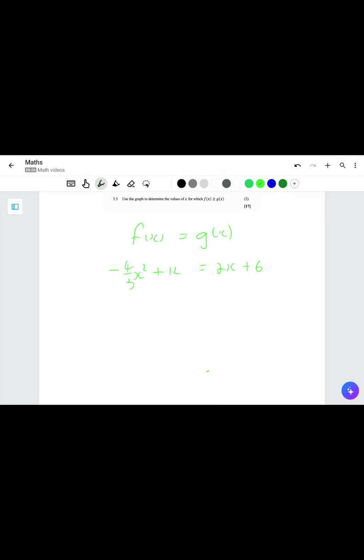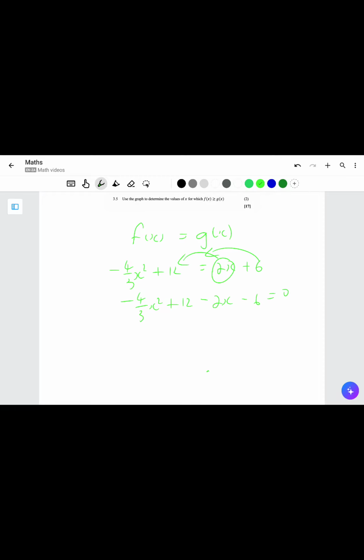So let's do the math. Let's bring the 2x over, and let's bring the 6 over. What are we going to be left with if we do that? We're going to have minus 4 over 3 x squared plus 12 minus 2x minus 6 equals 0.